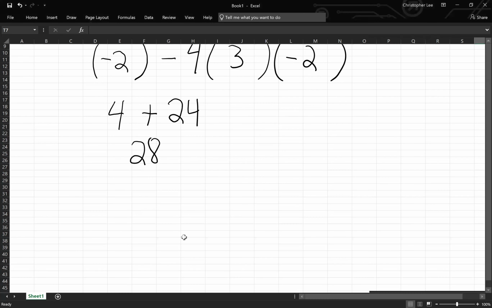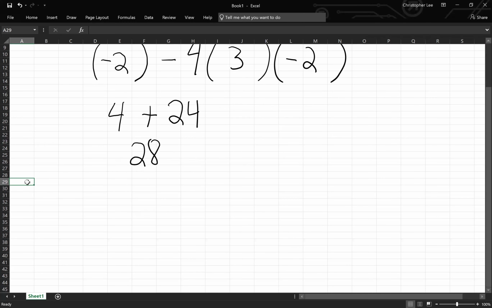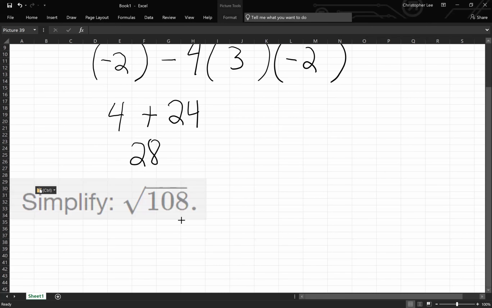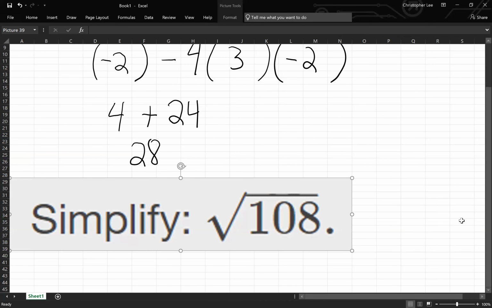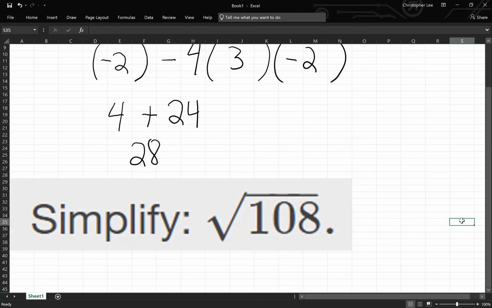A little bit harder. But who remembers how to simplify a radical? Simplify a radical. Remember what I want. I want the largest perfect square that goes into 108 right here.